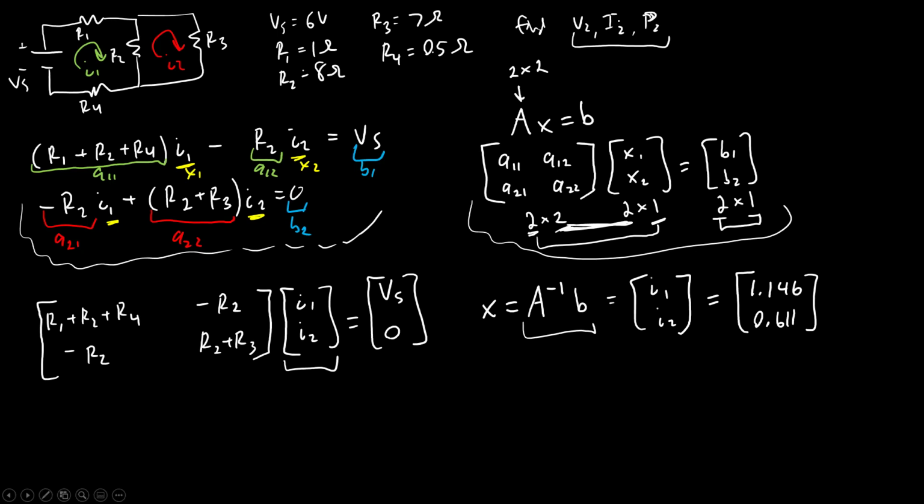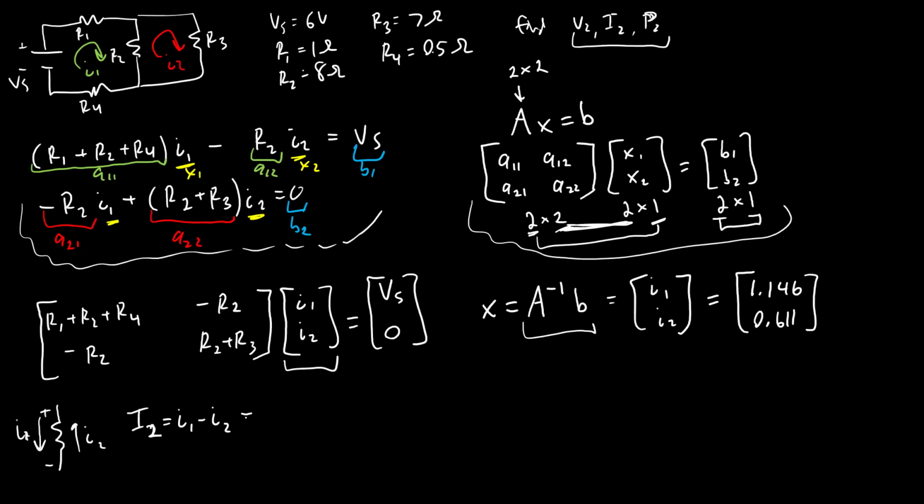Now, remember that we were asked to solve for V2 and capital I2, which is the actual current through resistor R2. Don't get that mixed up with little I2, which is our mesh current. And as we showed on the previous slide, capital I2 is the difference between little I1 and little I2 because they were defined in opposite directions like this. So capital I2, the actual current through R2, is I1 minus I2.